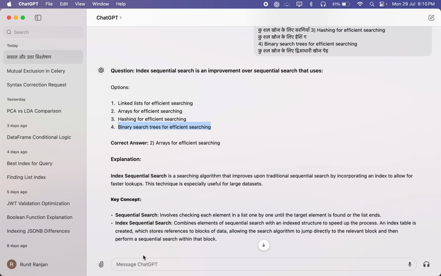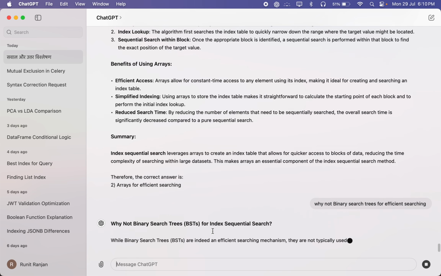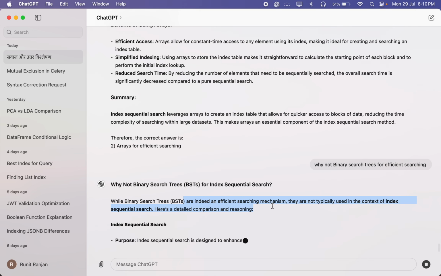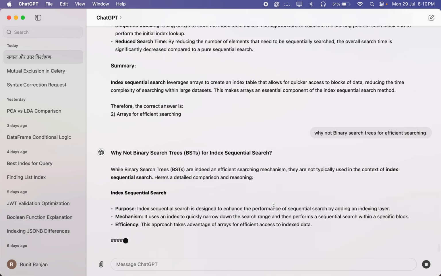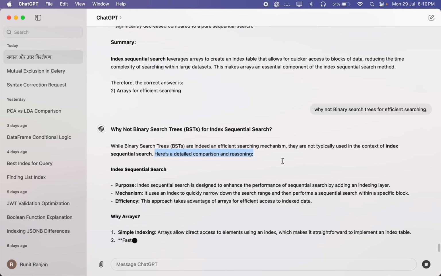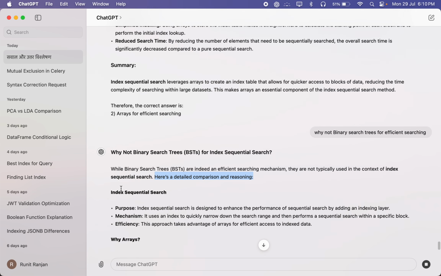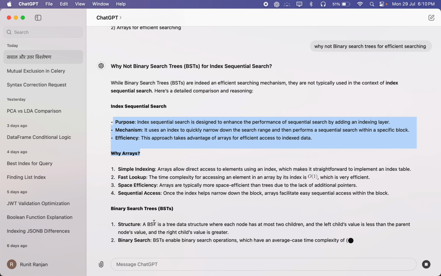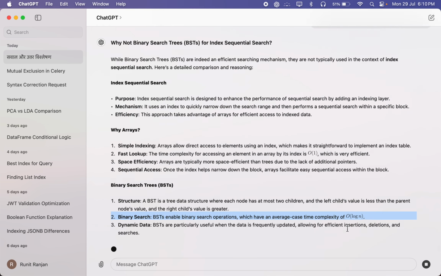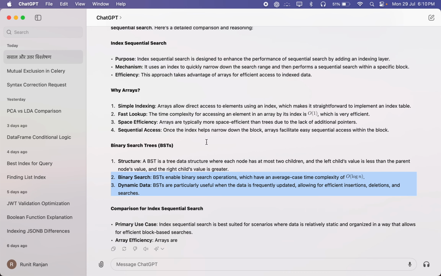Binary search tree, let's see. They're not typically used in the context of index sequential search. As I said, it takes log n time to search something. It doesn't use index also. It doesn't use sequence also.